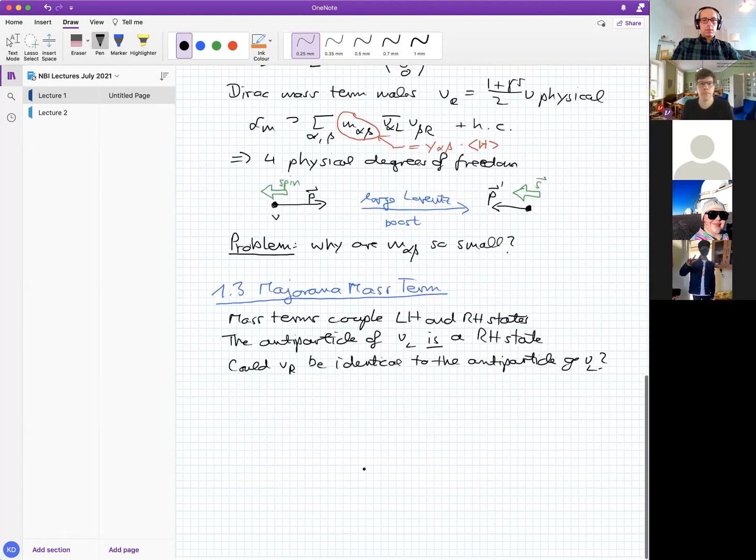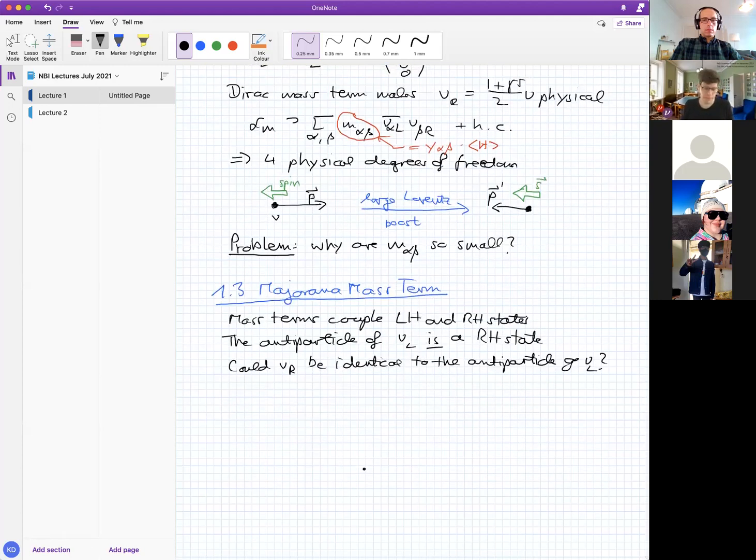But note that what we are doing here, identifying the right-handed state with the antiparticle of the left-handed state, works only for neutrinos, because neutrinos are massless. If I tried to do this with an electron, then, well, the right-handed electron carries a negative electric charge, whereas the antiparticle of the left-handed electron, which is a positron, carries a positive electric charge. So in that case, I can never attempt to do that identification. I would break the electromagnetic gauge symmetry. But for neutrinos, because they're massless, I can do this.